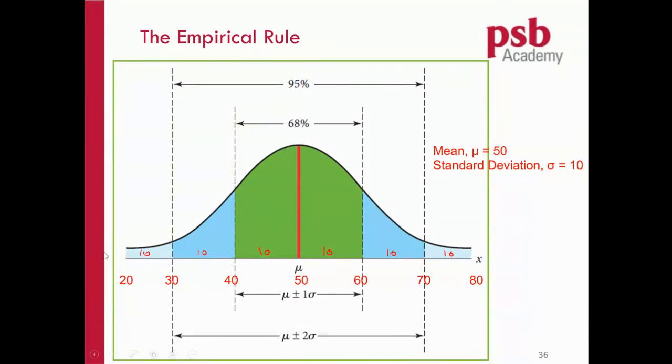Right, so this rule, just remember the three numbers: 68, 95, the last one is 99.7.